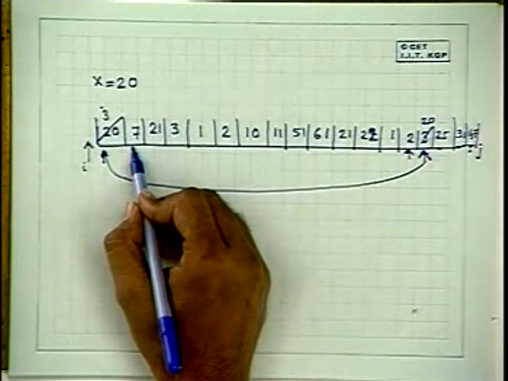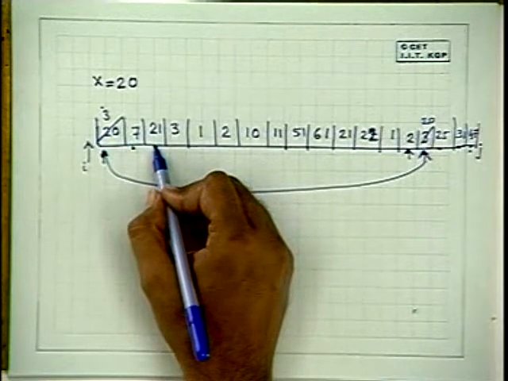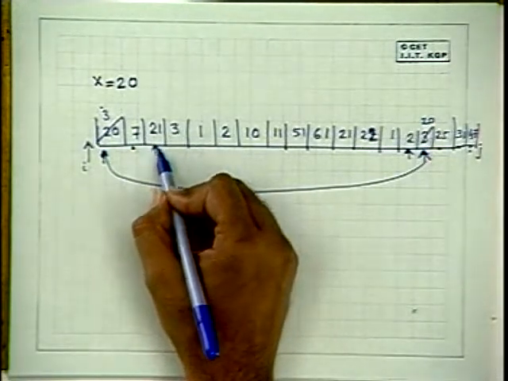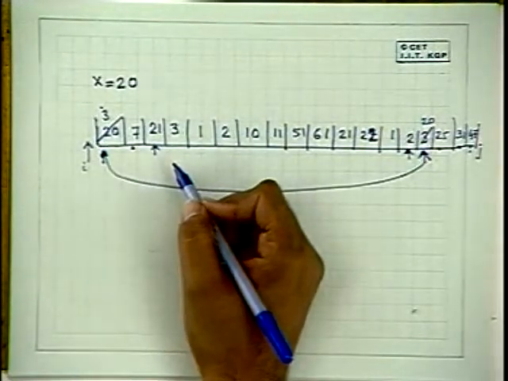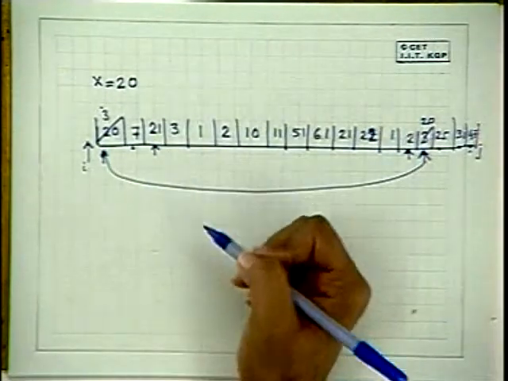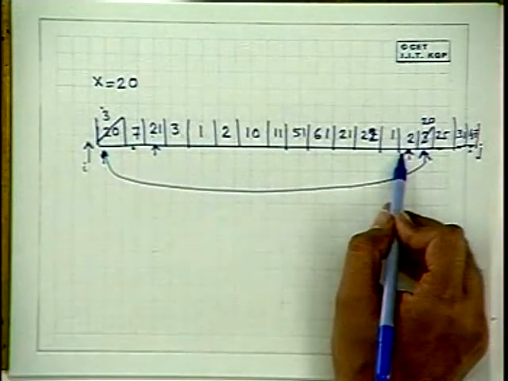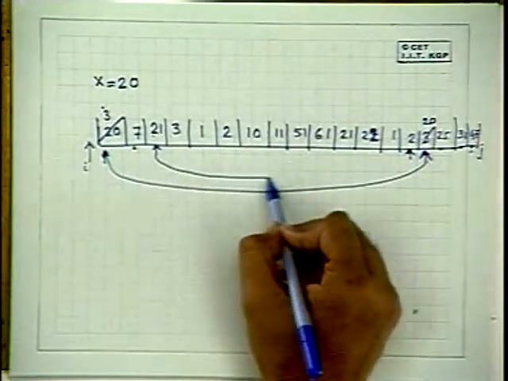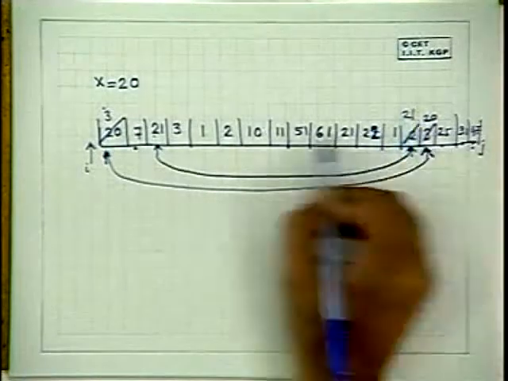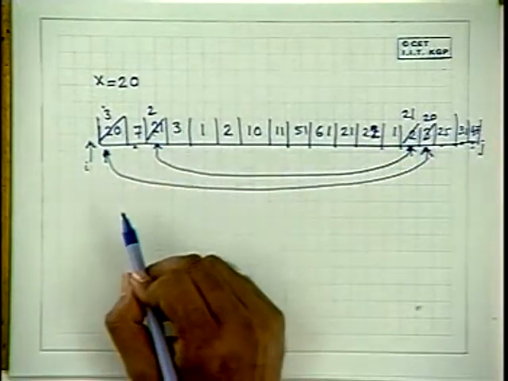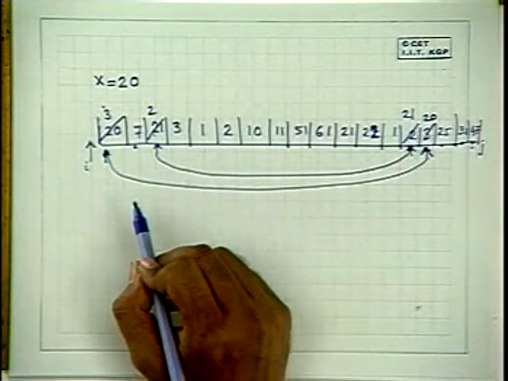Right? 7 is less than 20, it will move to 21. 1 is not less than 20, so it will stop here. Now I is less than j, both repeat loops are over. So I less than j, then 21 and 2 will be exchanged. So 21 will come here, 2 will come here. All right.